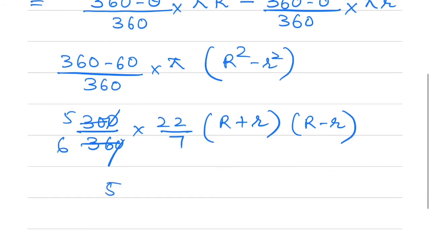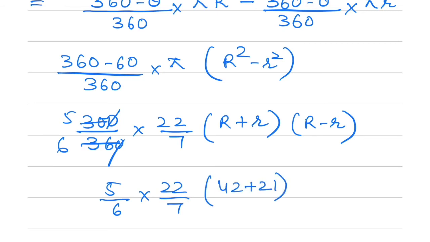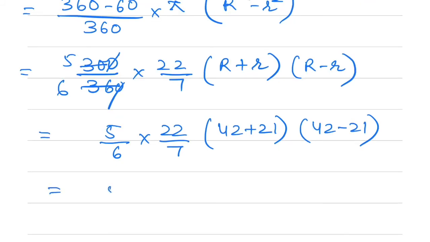So we have 5 by 6 into 22 by 7 into (42 plus 21) into (42 minus 21). So this is 5 by 6 into 22 by 7 into 63 into 21.